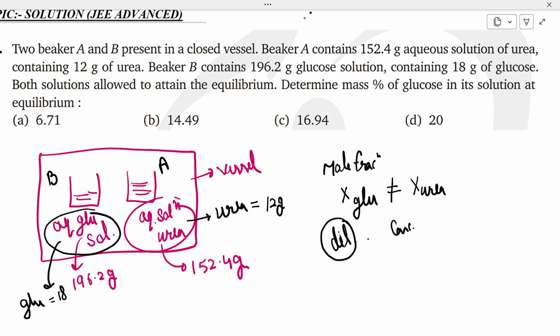The solution which is diluted, which has less solute, has more vapor pressure, because when we add a solute to a solvent its vapor pressure is decreased.